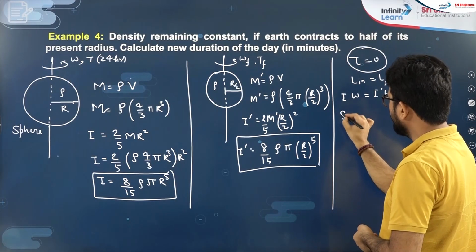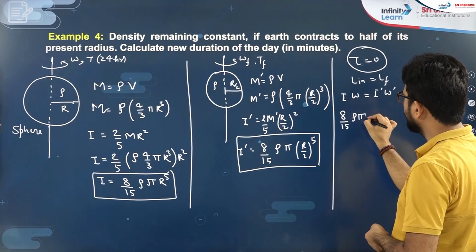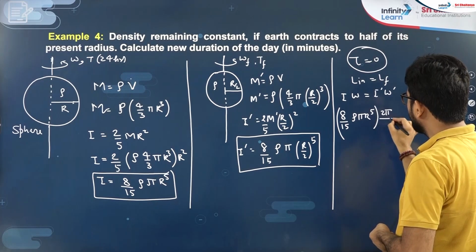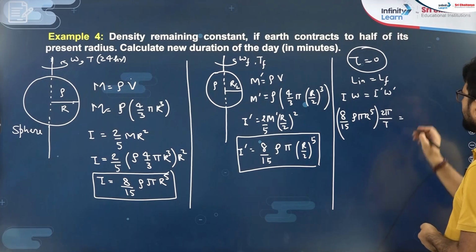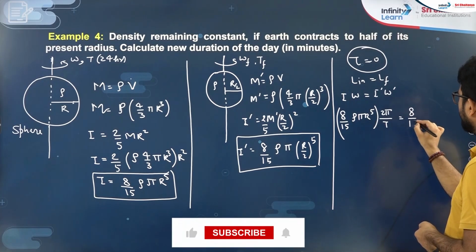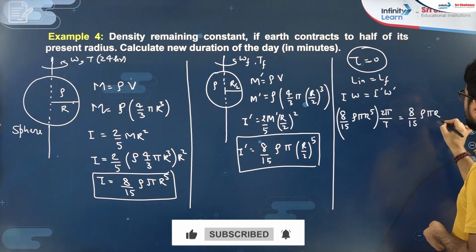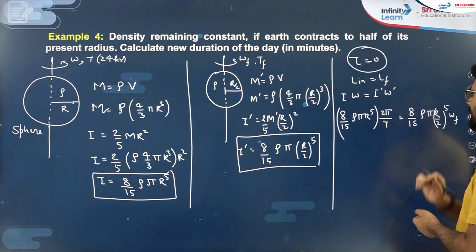I is 8 by 15 into rho into pi r to the power 5, into omega, which is 2 pi by T, equal to, for the final angular velocity, again 8 by 15 into rho into pi into (r by 2) to the power 5 and the omega final.